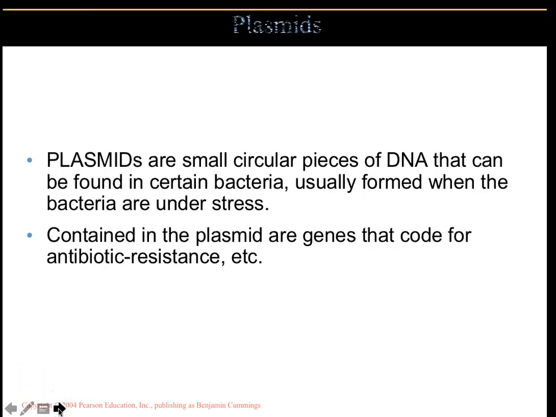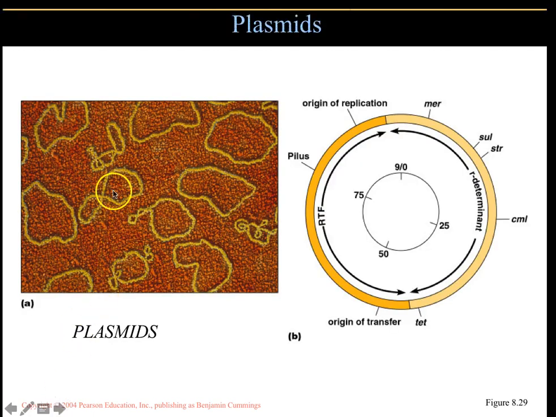So that's about the plasmids. We're going back to the plasmids. The plasmids are these little circular pieces of DNA. Stress tends to make them pop out, and they are going to make awfully sure that they have all of their antibiotic resistance genes on that plasmid. And that's what they look like.